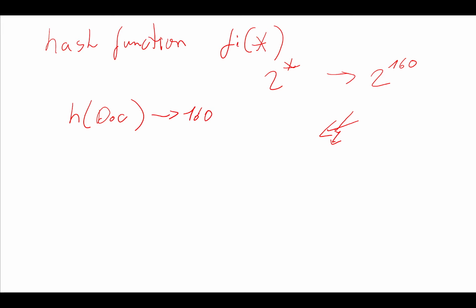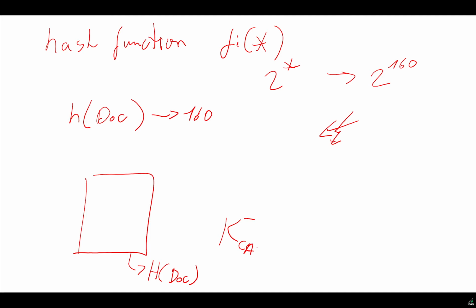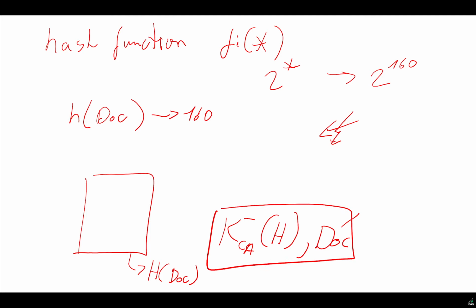And for example, if the document is so large and you hash it, you get the hash of the document, that's just 160 bits. And if you sign as a certificate authority with your private key only the hash, and you further deliver the document, then everybody can recalculate the hash.